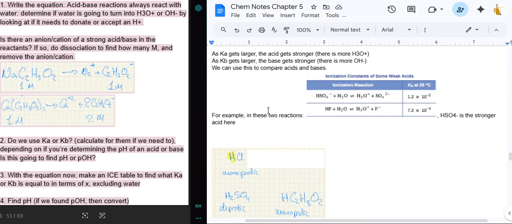So a question can ask, in these two reactions, which is stronger? And the answer would be this, because that's more than that.